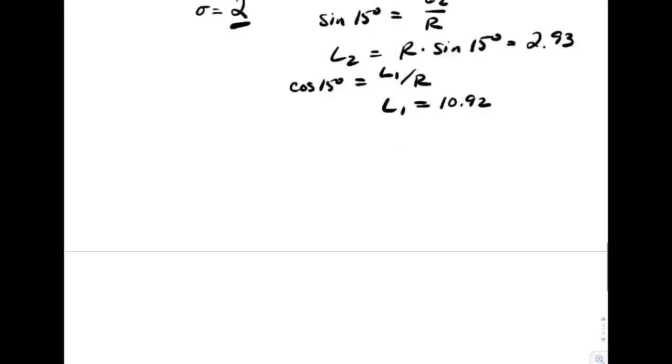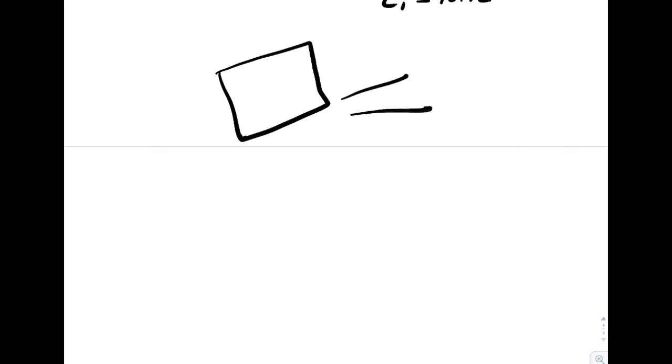Let's draw this rotated stress block. 30 degrees is what it's been rotated in real life. On the x prime face, I've got 12.92 normal, and 12.92 on the other side.